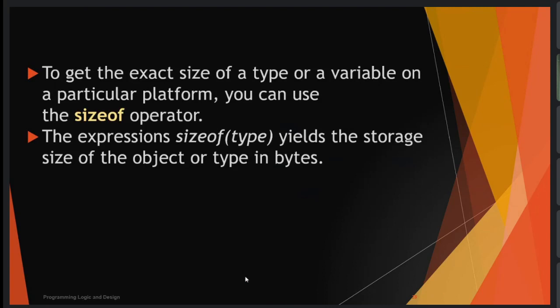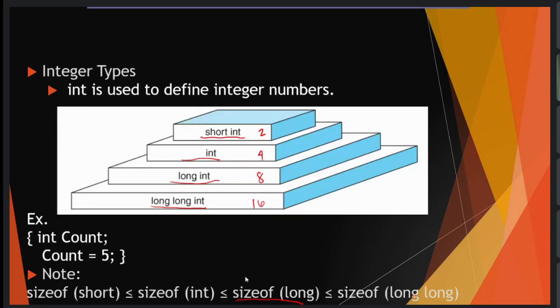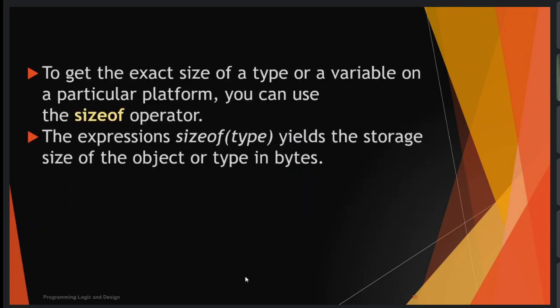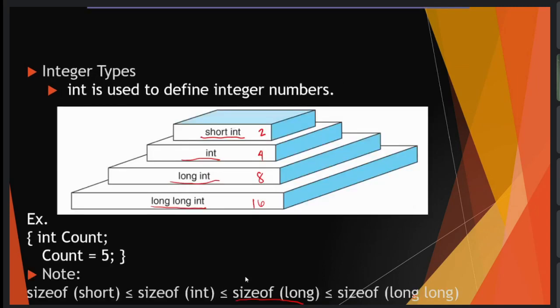So again, just to make sure nga ang imuhang presumption is correct, you can use the size of operator to get the actual size of the variable that you have created using the following data type. Okay? And using the following modifiers for your data type.